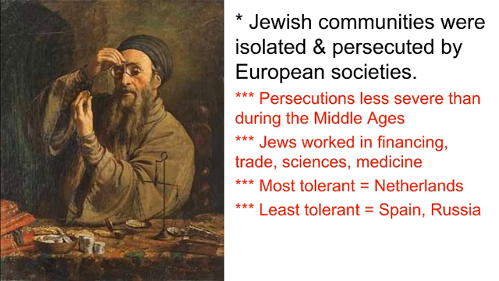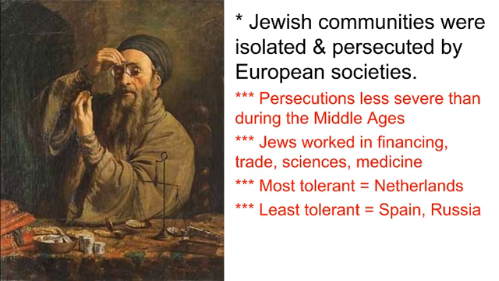Now, the only place that was tolerant at this time was the Netherlands, where the Dutch, and it makes sense, because if you're the Dutch and your whole business model, your whole state, your government is all about making money, all about profits, all about investing and improving on companies, you're going to want these educated Jewish people to come live there.